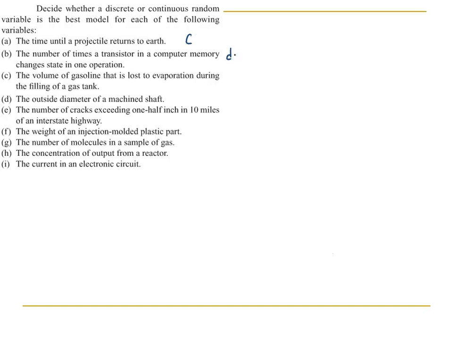Correct. The volume of gasoline that is lost to evaporation during the filling of the gas tank. Correct. The outside diameter of a machine shaft. It depends on the scale. If you can measure it down to the atom thickness, I guess that would be discrete. That's why it's going to be continuous.